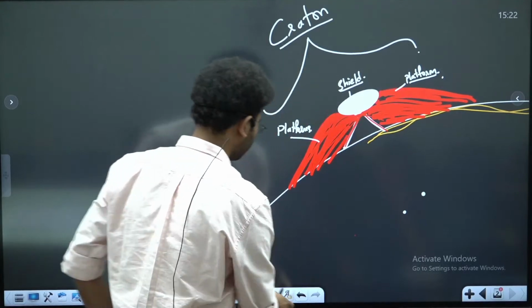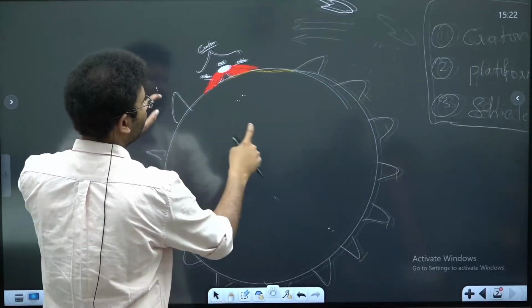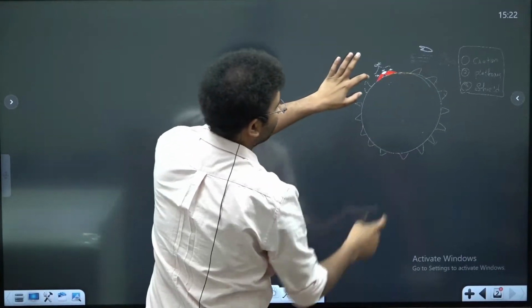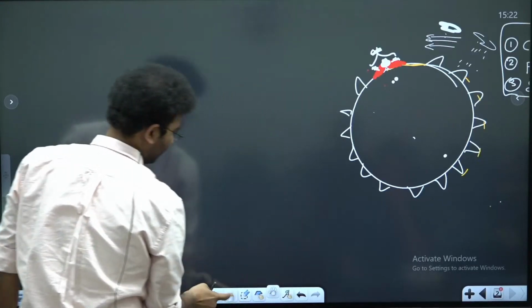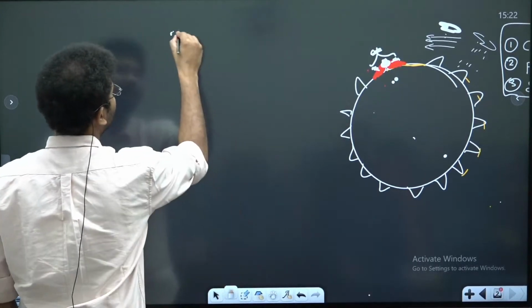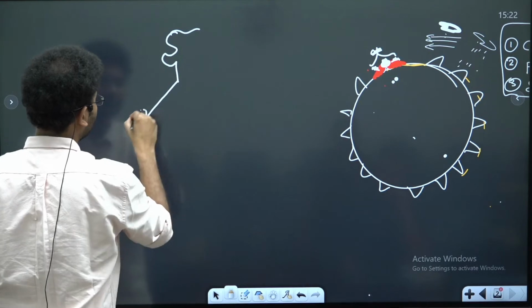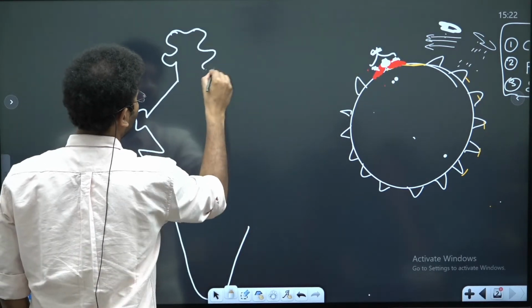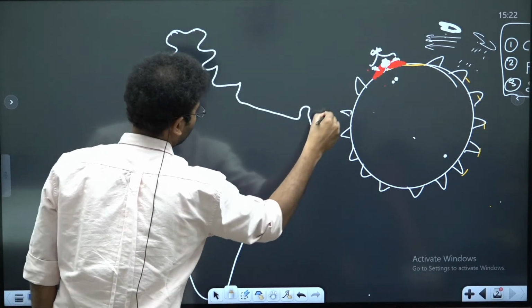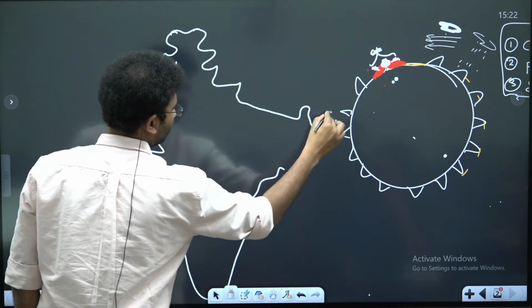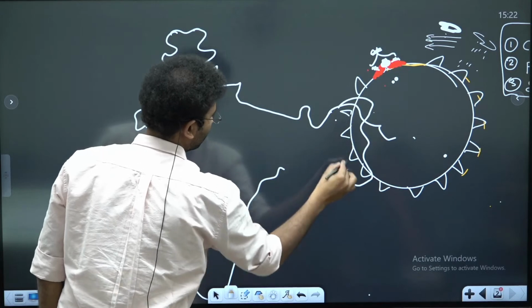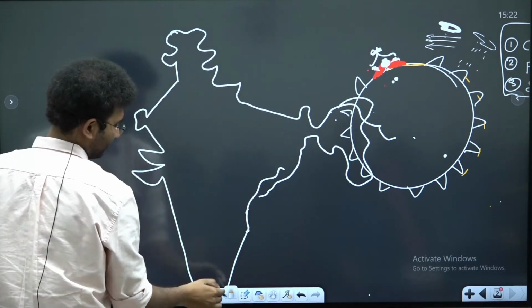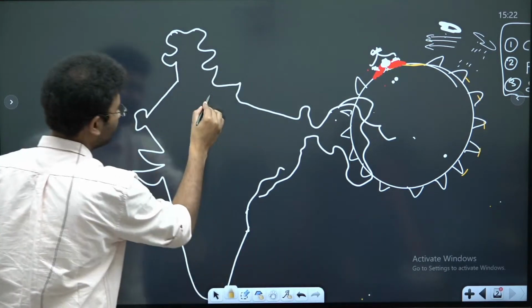If you look into the map of India, if I draw the India map, our India is nothing but a collection of cratons. So we had four cratons.